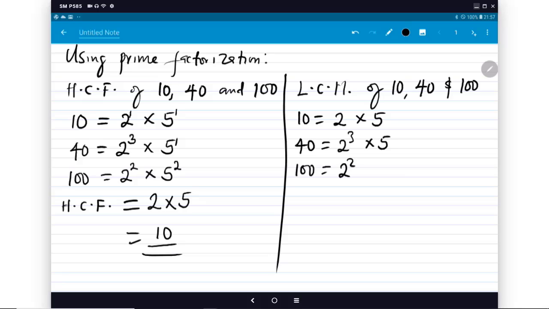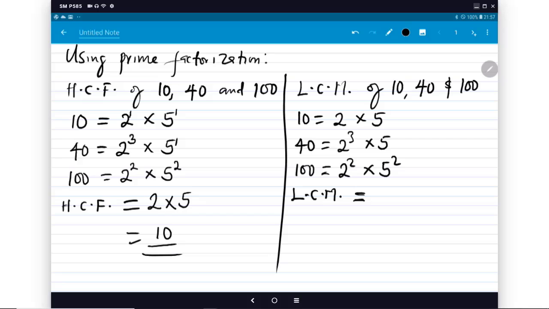While 100 is 2 raised to power 2 times 5 raised to power 2. Now here, for the LCM, we pick all factors you can see, either common or not. Here, all the factors available are actually common. But if you see any that is not common, you pick it as well.